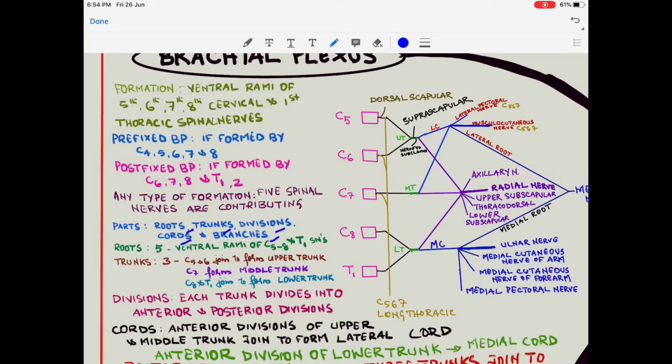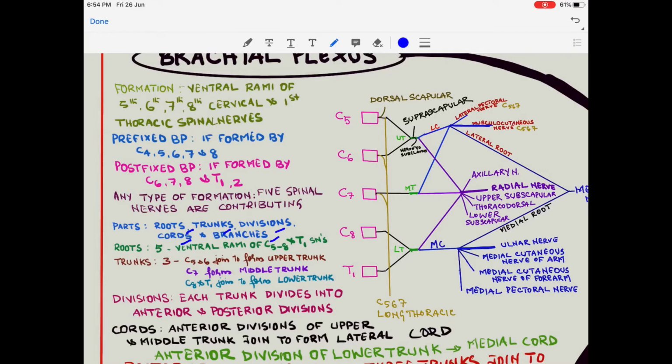Now the cords. There are 3 cords: the lateral cord, posterior cord, medial cord. The lateral cord is formed by the anterior division of the upper trunk and middle trunk.